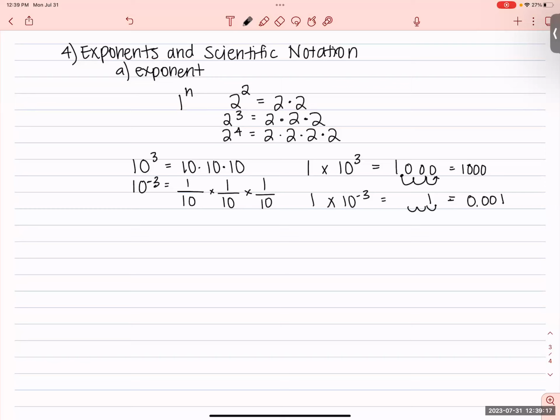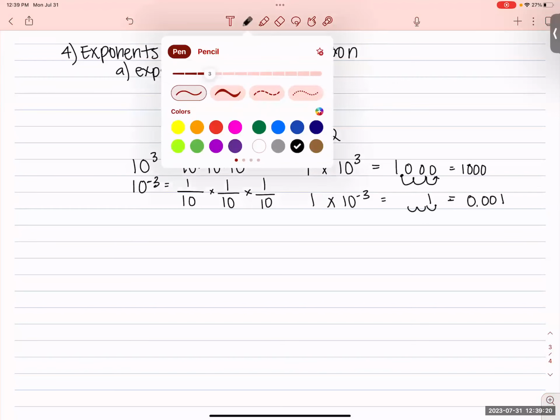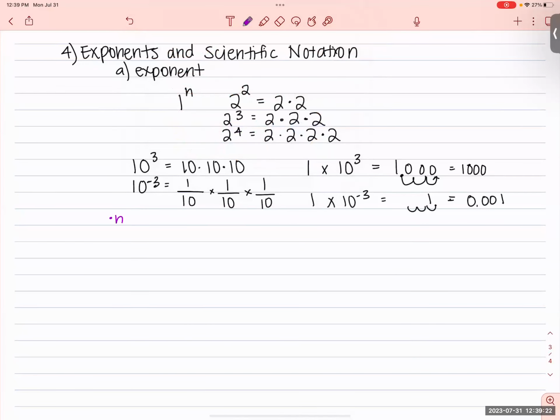So a negative exponent means a smaller number. A positive exponent is going to be a bigger number. So something times 10 to the +3 is going to be bigger than that thing. Something times 10 to the -3 is going to be smaller than the thing you started with.